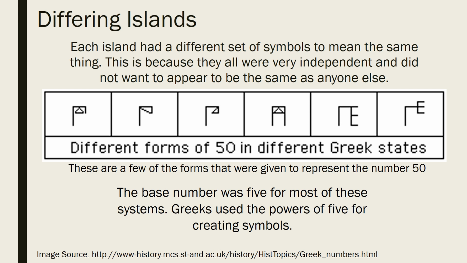You can see the first symbol on the left here was the symbol that originally became the umbrella symbol for 50. But there were other forms that each island had taken for the same number. In English, we usually use 10 as our base. The base number for Greek numerals is 5, and they used powers of 5 when creating these new symbols.